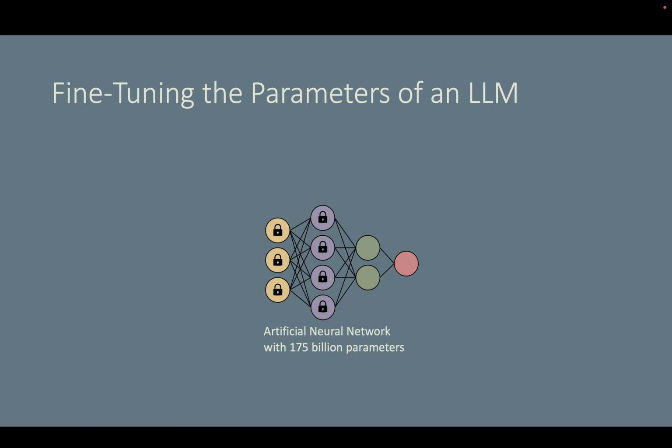Freezing most of its parameters allows it to build expertise in a new area while still retaining its original knowledge, making it a highly effective tool for providing personalized student support. But I have to say, fine-tuning is a complex and challenging process that requires a deep understanding of large language model architecture as well as advanced programming skills.